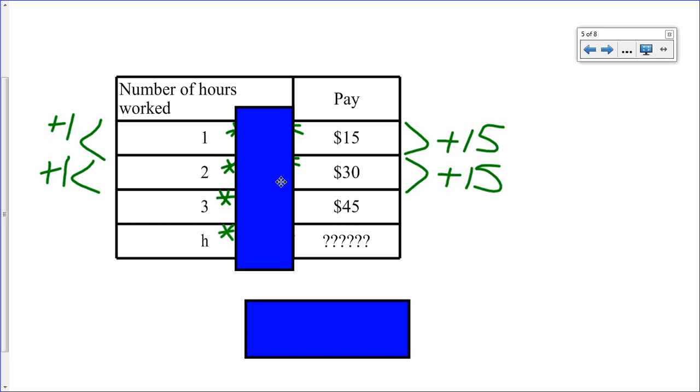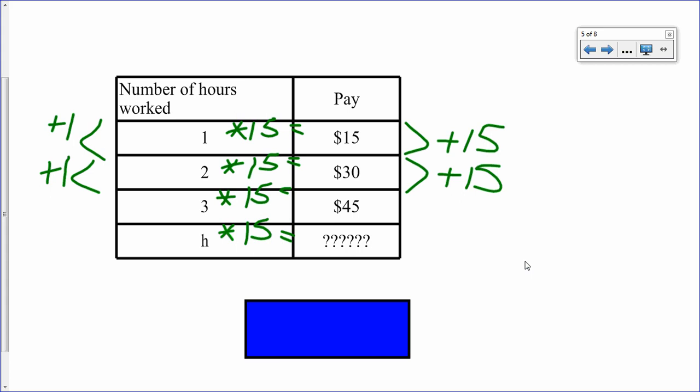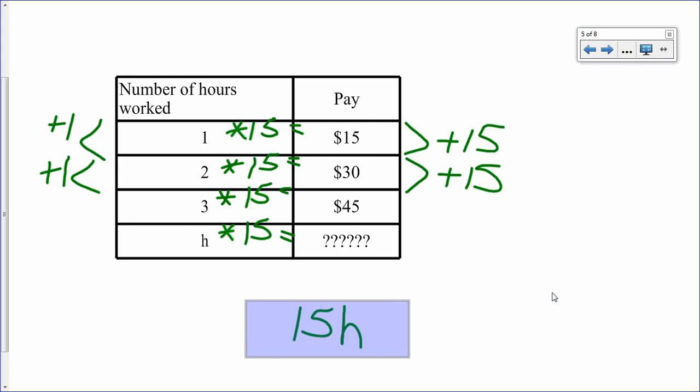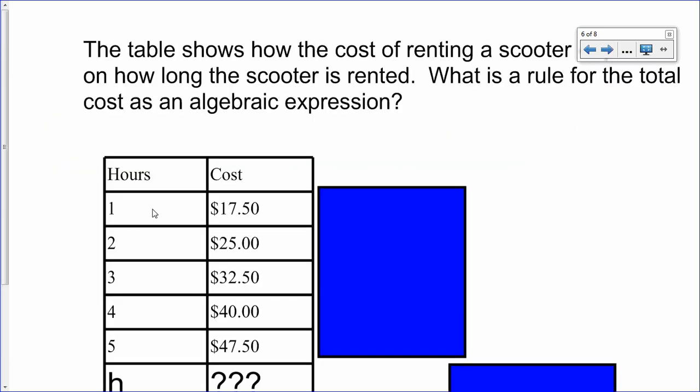We can also see a relationship between 1 and 15, 2 and 30, 3 and 45, and that we're multiplying each one by 15. So if we wanted to figure out our pay for some amount of hours, we would take h and multiply it by 15. 15h would be your expression.